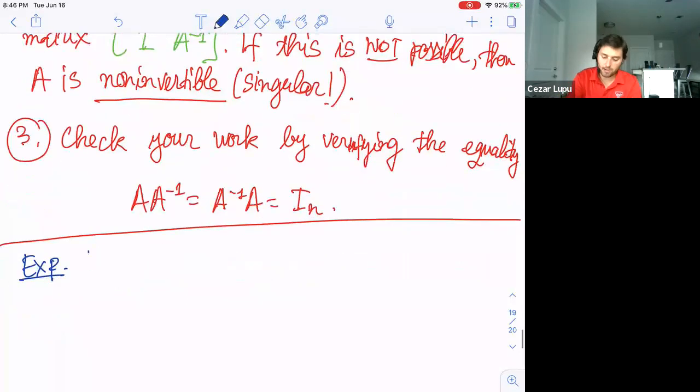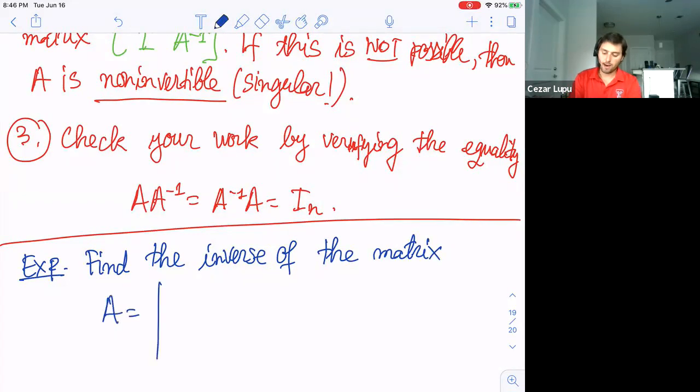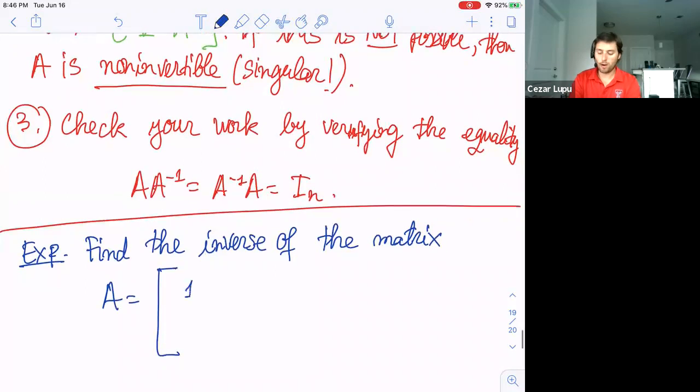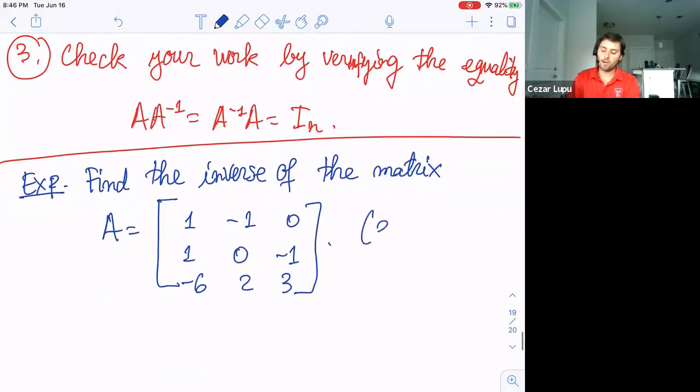So example, find the inverse of the matrix. Let's take the following matrix. A is a 3 by 3. It's 1, -1, 0. Then 1, 0, -1. And the last one is -6, 2, and 3. Okay, so this is a 3 by 3, so it's a square matrix, so definitely I can find the inverse.